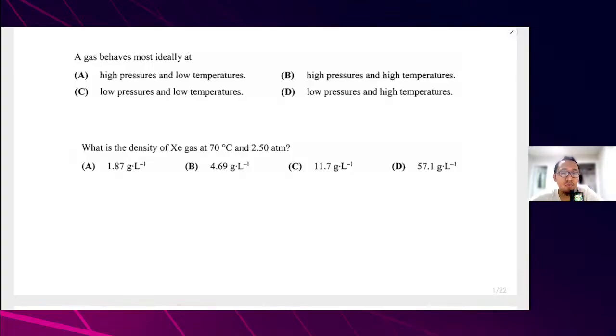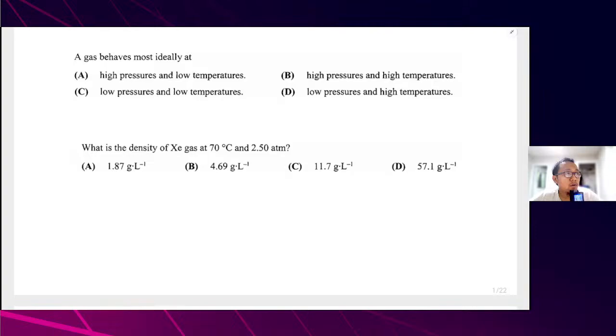It covers a lot of topics, but what I just explained is kind of a summary of all of them in terms of states of matter.